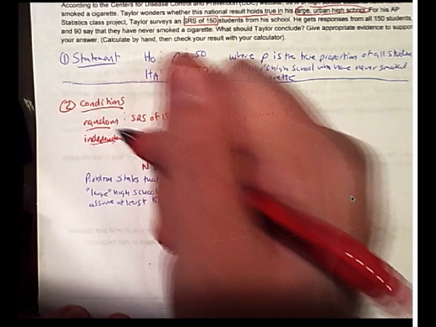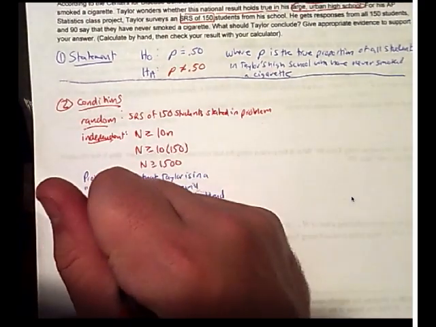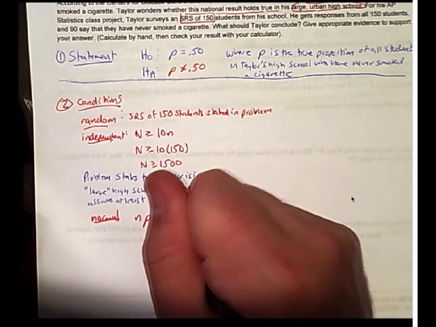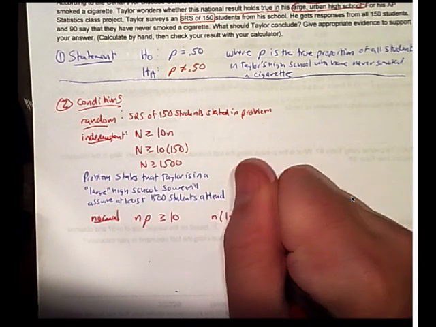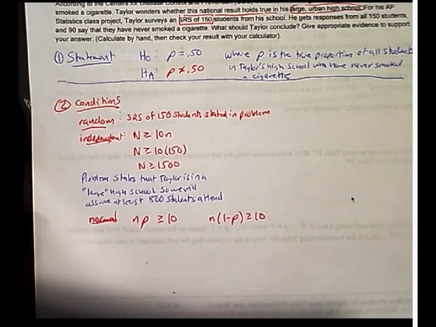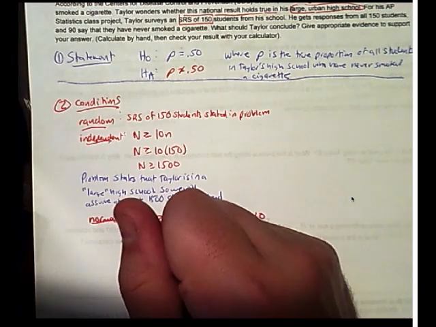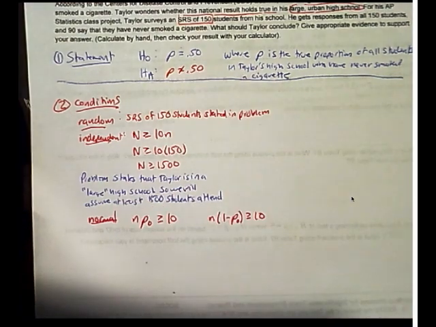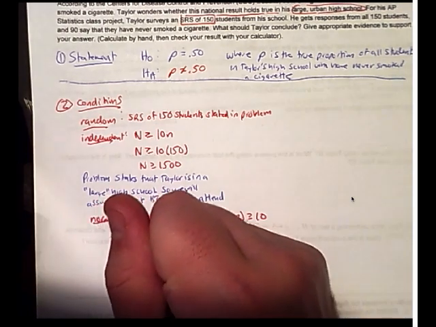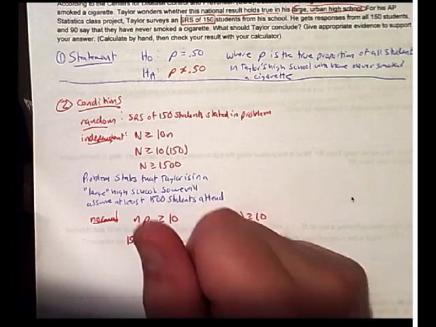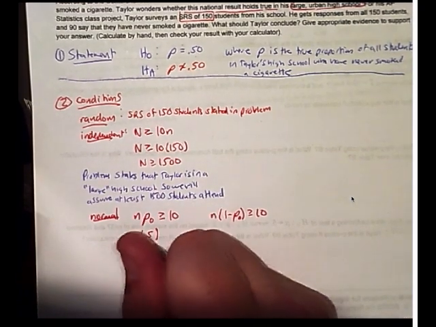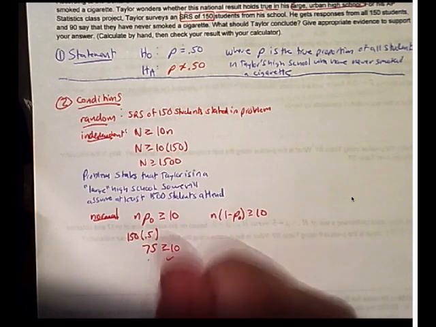So we did random, we did independent. Last one, let's do the normal condition, which is n times rho is greater than or equal to 10, and n times 1 minus rho is greater than or equal to 10. Okay. We're assuming rho is 0.50, so we're going to use that rho naught. All right, now our n is 150, our rho naught is 0.5. So 50% of 150 is 75, and that's greater than 10.